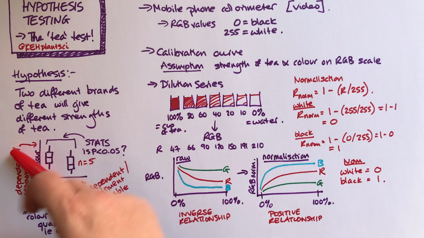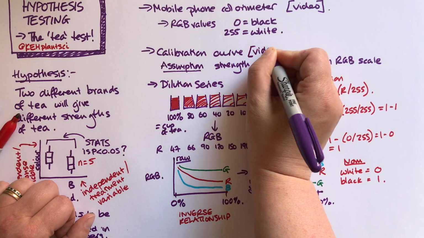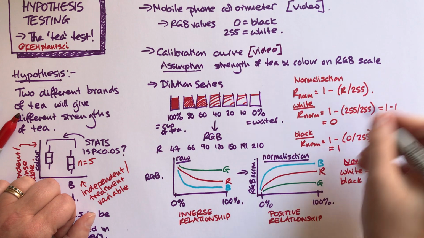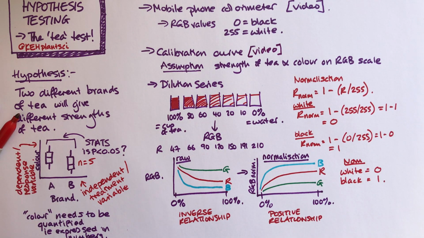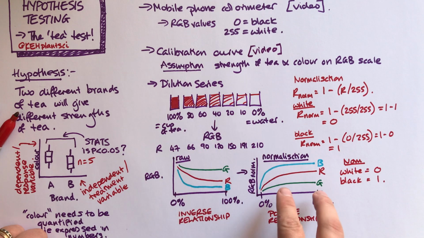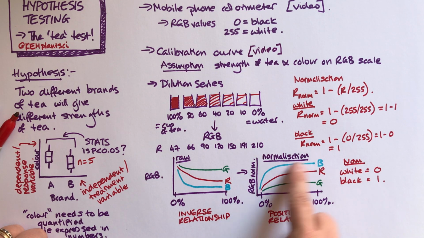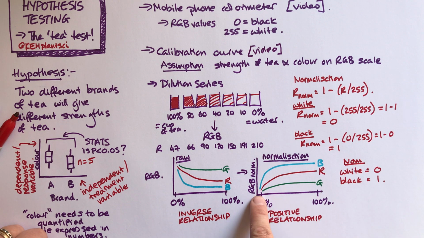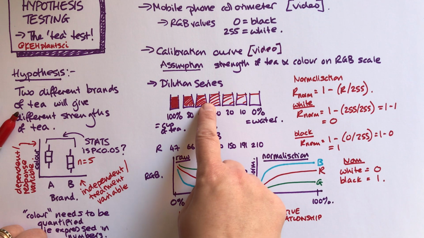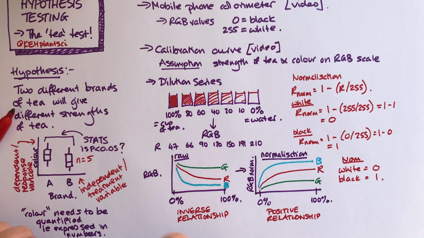I'm setting up a calibration curve, and there's another video that goes through this entire process of how to actually set it up. I make up a dilution series. I check that my dilution series does give me appropriate graphs, so I have got a nice relationship between the concentration and the RGB value. I've normalised it to make the data a bit easier to handle, and then I can go and test my different cups of tea.